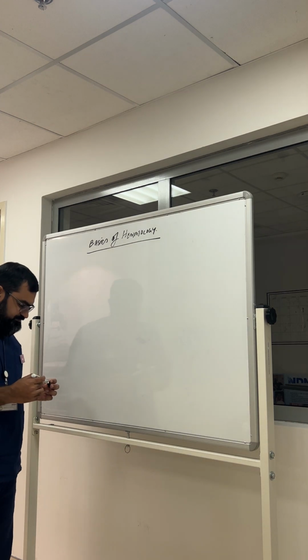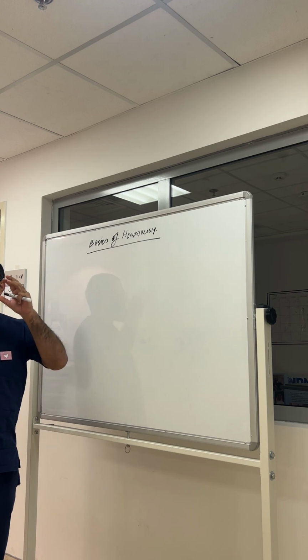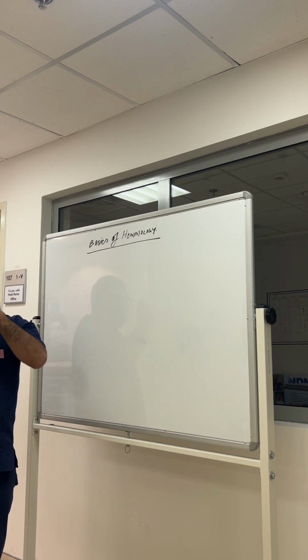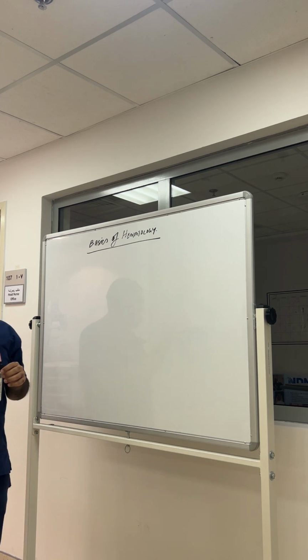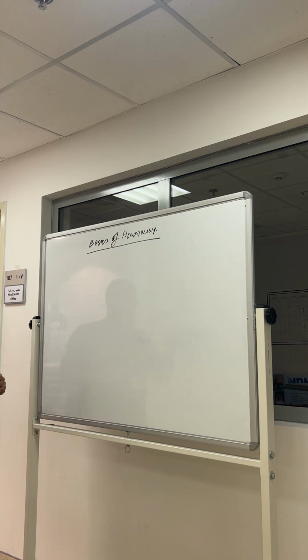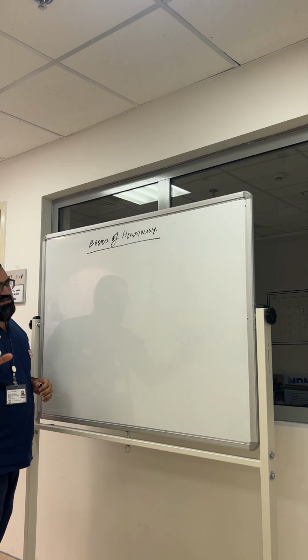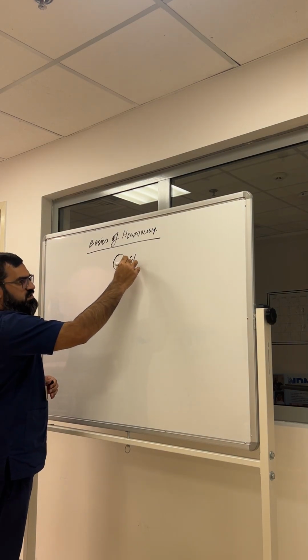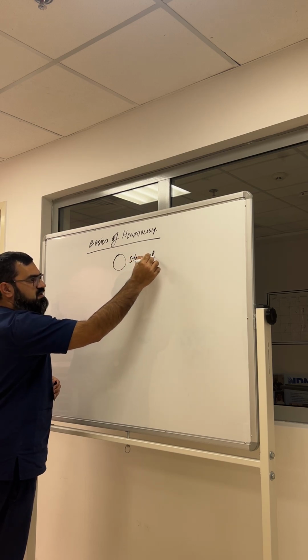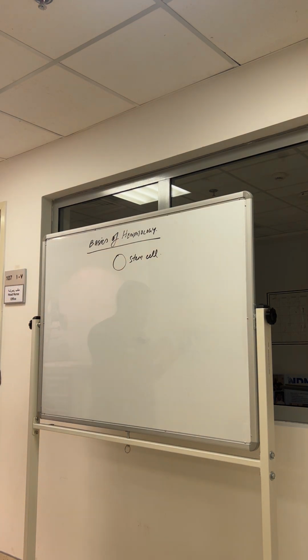Okay guys, so we'll just learn the basics of hematology, which includes how from one cell all the blood cells are formed, and from there what are the diseases which we usually see. So like every cell in your body, there is one cell which we call the stem cell, right? And stem cell is the first cell from which all your cells are formed.